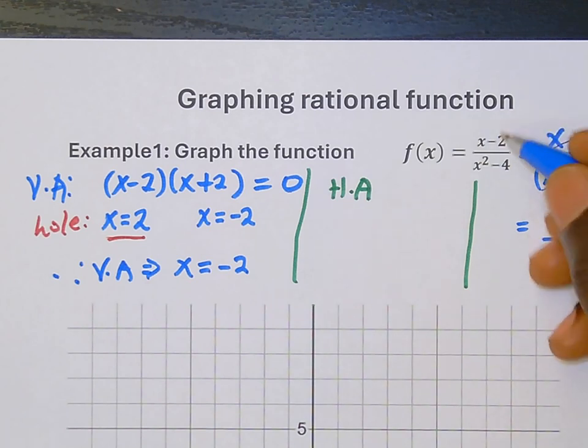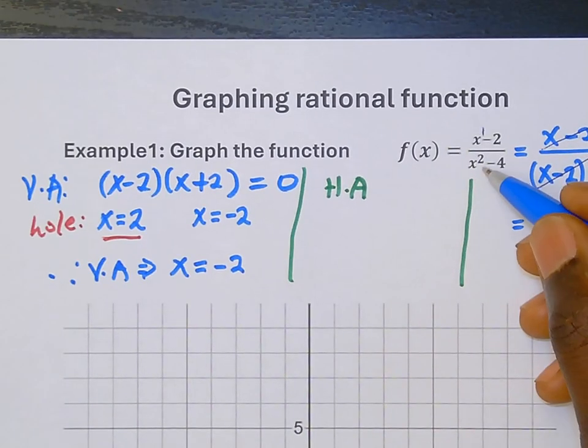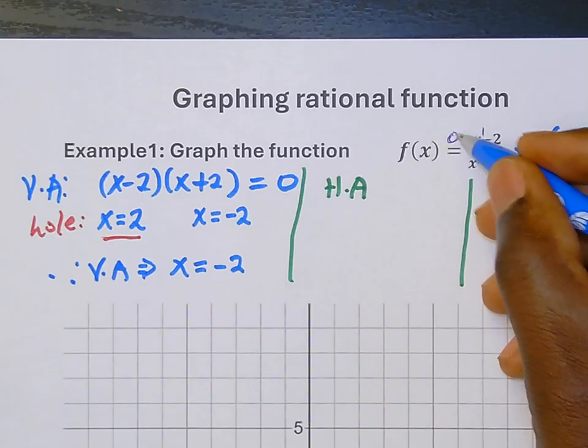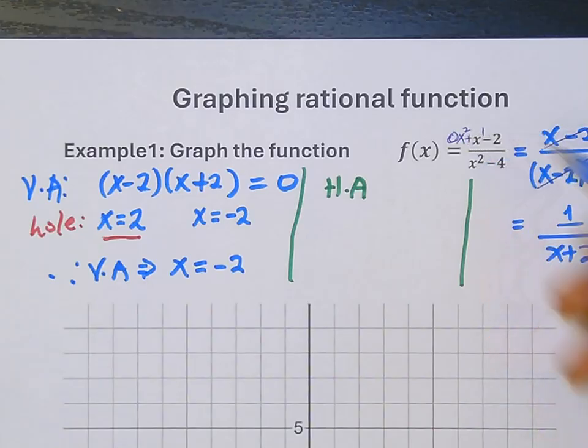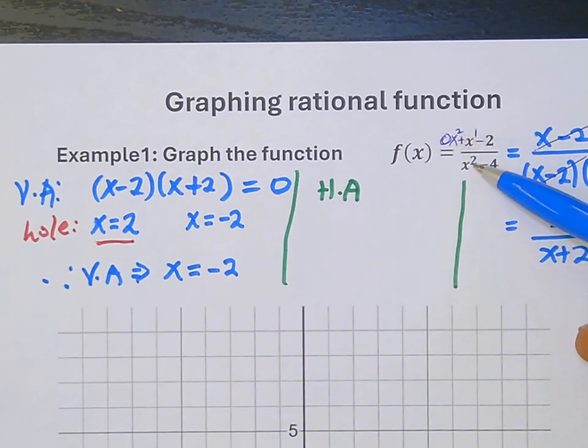Here we see that the degree of the numerator is 1 and the degree of the denominator is 2, so they are not the same. To make them the same, I'm going to introduce a 0 term in the numerator, so 0x squared. By so doing, now the degrees are the same, degree 2 and degree 2.